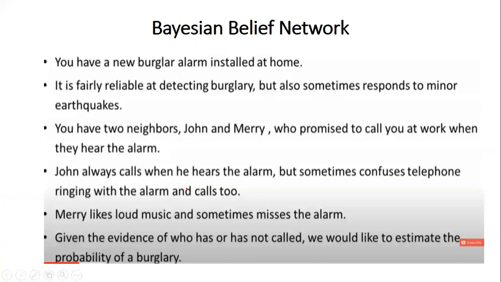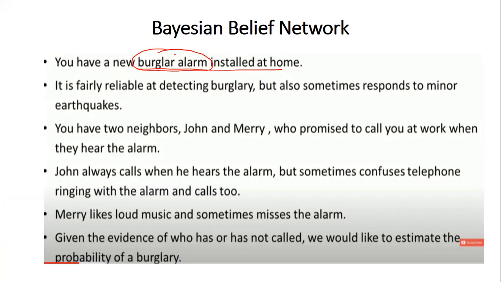Now let us try to understand the Bayesian belief network with an example. Assume that in your home a burglar alarm system is installed. It is used to identify, if you are locking the home and going out, any movements in the house.